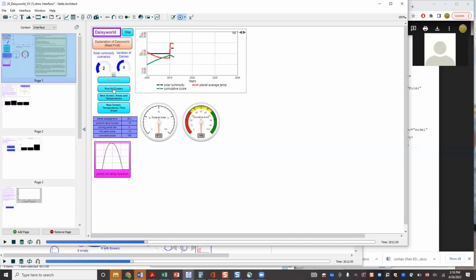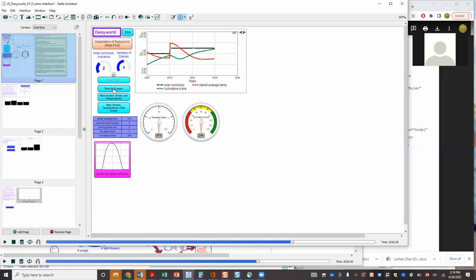But if I run it for another couple years and keep it running, what you're going to see is that the system manages to restabilize.